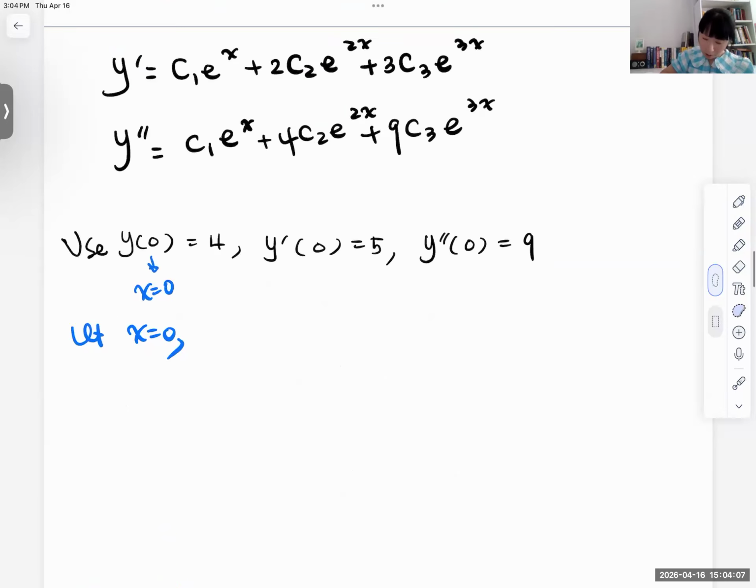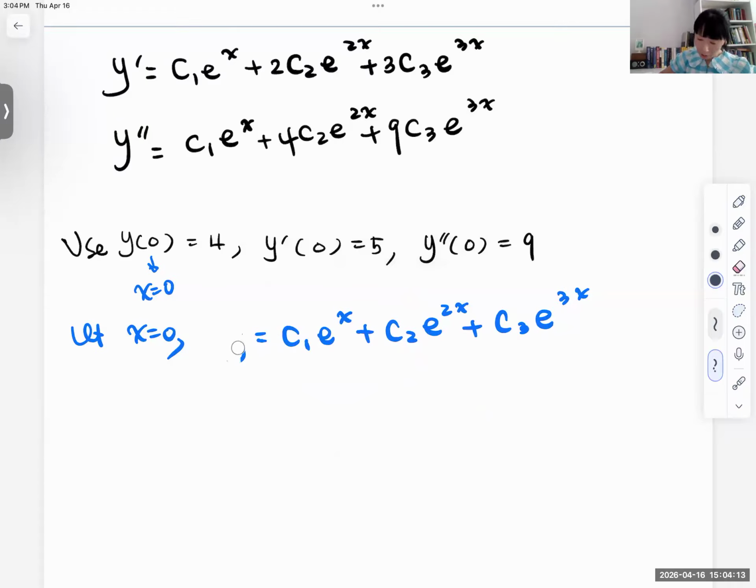So y of 0, right? So y of 0 equal to, no, we're using just y. Hold on one second.